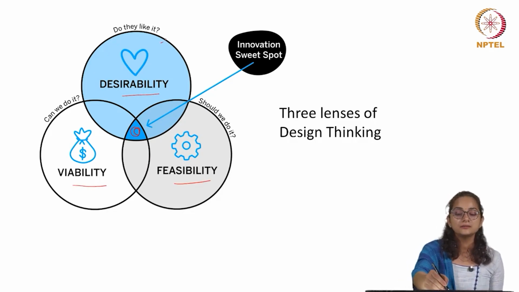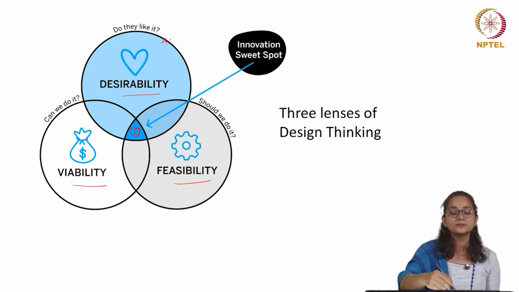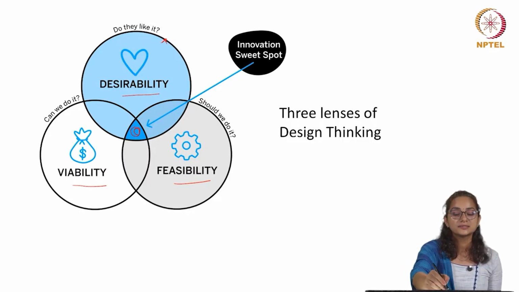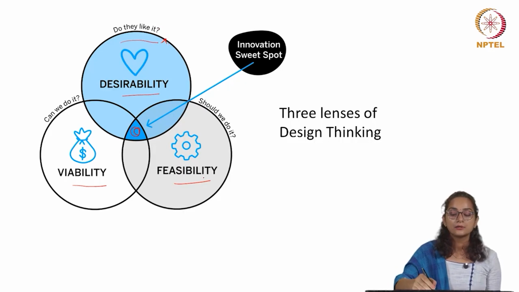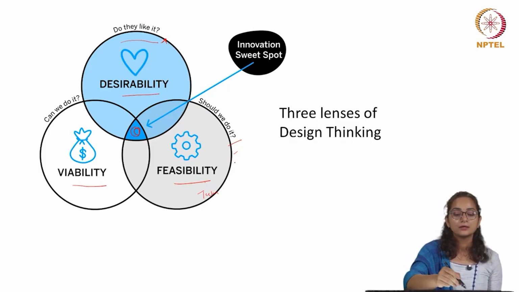In desirability, we put each idea to test on all of these 3 benchmarks. Whether users will like it? Do they like it? Feasibility relates to technical feasibility. Whether the current technology allows it to be prototyped, to be manufactured, etc. Can we do it?